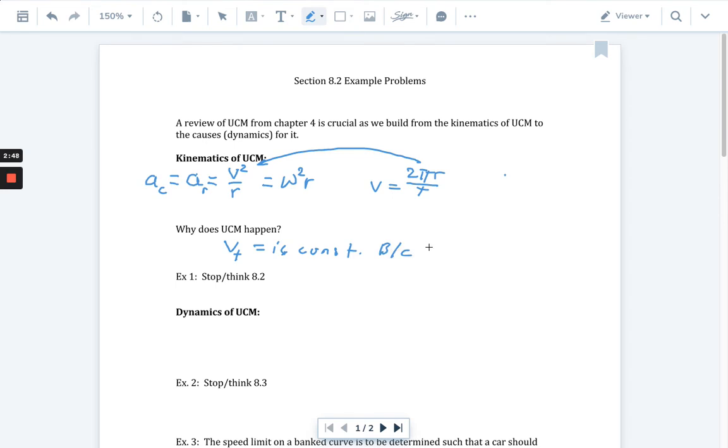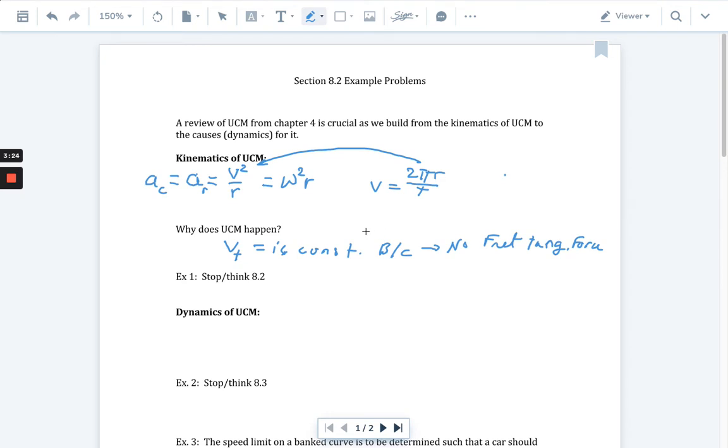Or in this case, you can say that there's no net tangential force to make it speed up. Now we're going to get into the idea that there's a radial force, and that's what makes it change direction. So that's what makes it into a Newton's second law scenario, and that's why we're following the chapter on Newton's second and third law with this one now.